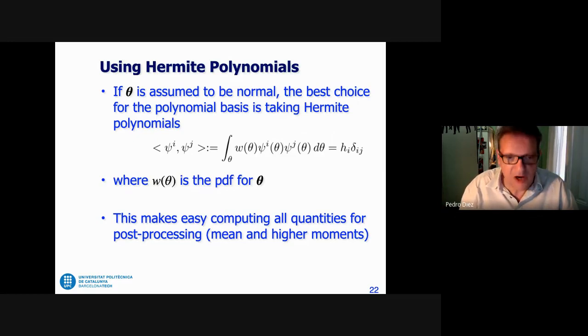Since they are orthogonal with respect to a weight which coincides exactly with the PDF for some thetas, in particular for the thetas that are considered as normal distributions, then you may compute all the quantities in post-processing very easily.